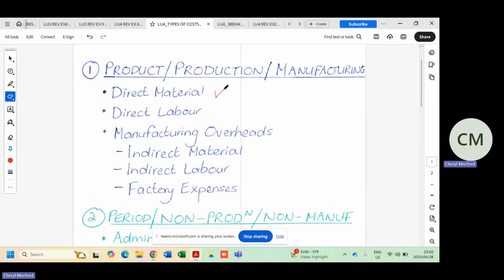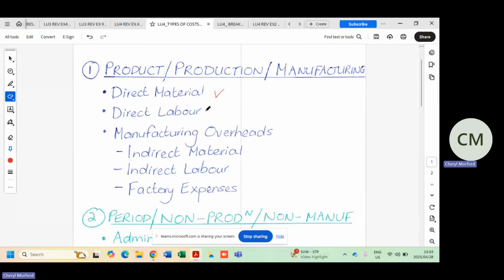Direct material is the majority of what the product is made from. So you're never going to find that you're going to have like 5, 6, 7, 10 examples of direct material, because then you've misunderstood the concept. Direct material are the main 1, 2, maximum possibly 3 materials that are used in the production of the product.